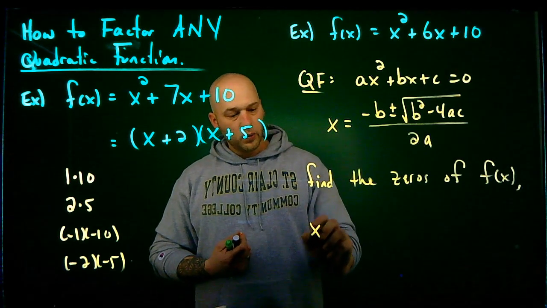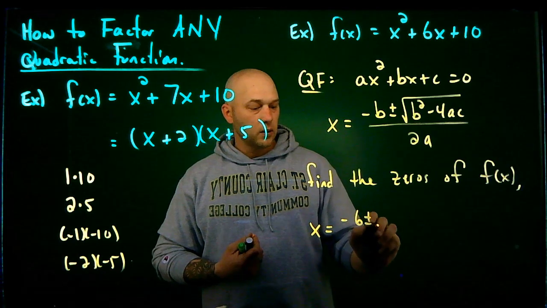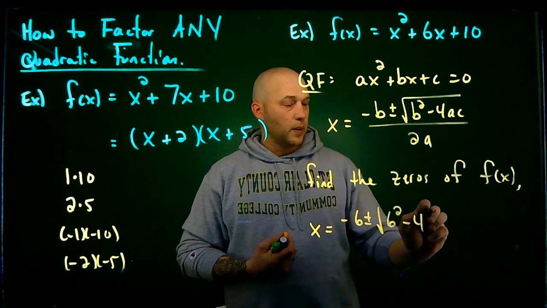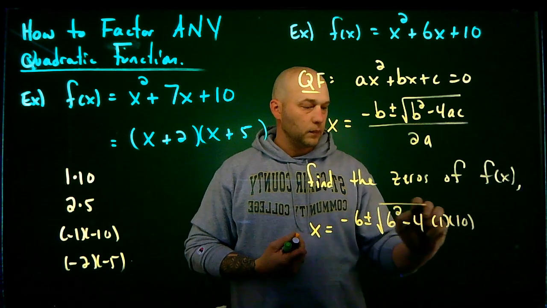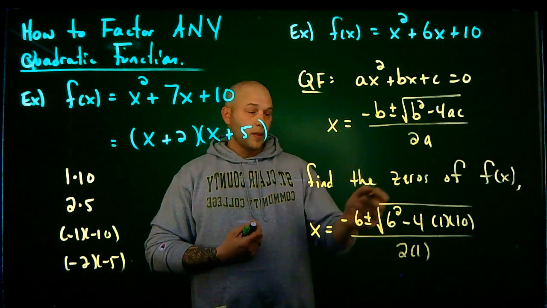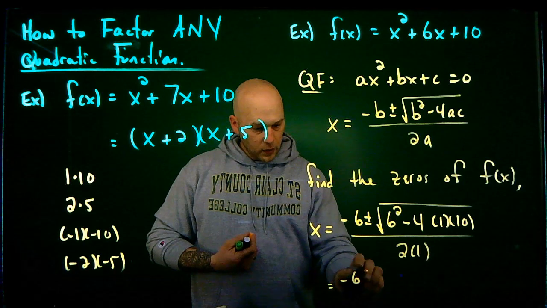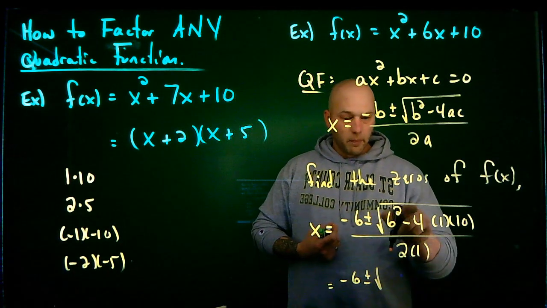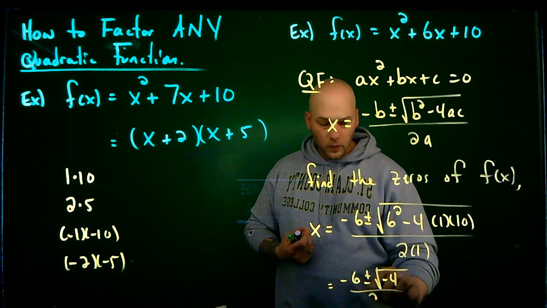Therefore, the zeros would be x is equal to negative 6 plus or minus the square root of 6 squared minus 4 times a, which is 1, times c, which is 10, all over 2a. Then let's simplify this. I get negative 6 plus or minus the square root of 36 minus 40, which gives me negative 4, over 2.